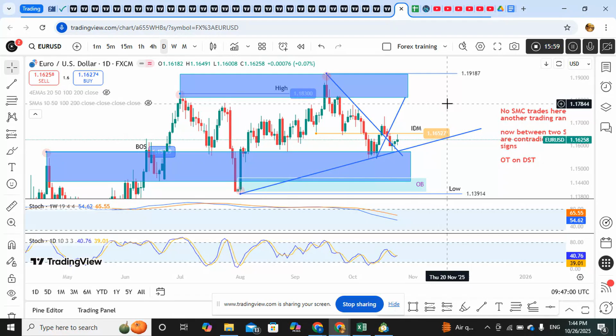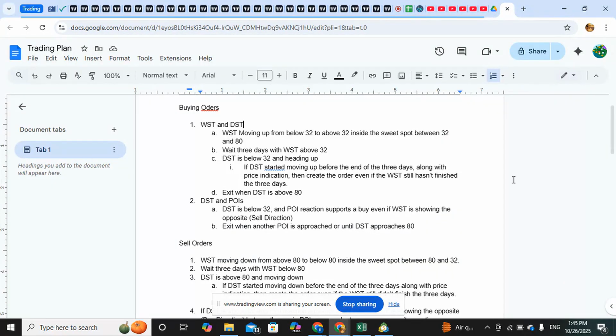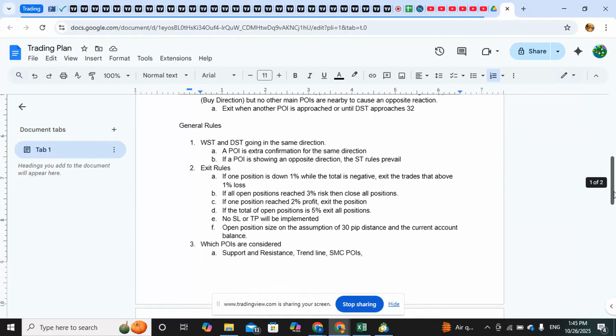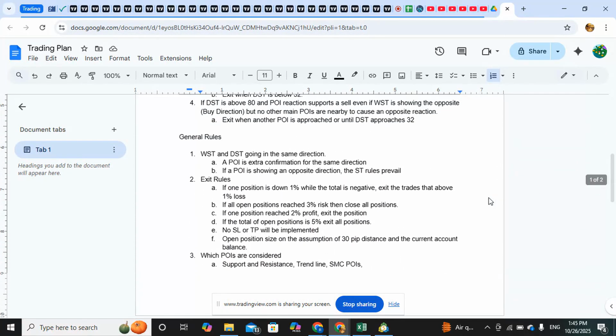I want to see how things go to realize if there was going to be a stop loss, where it's going to be. Currently, I'm going to depend on the different trades going against each other if there were losses and wins. But I have written my plan here, all of those things that we talked about, and then I have general rules.